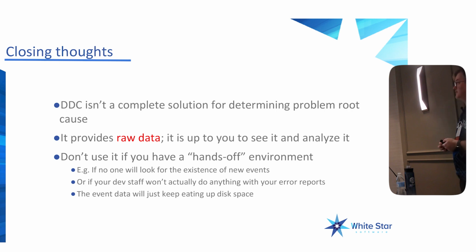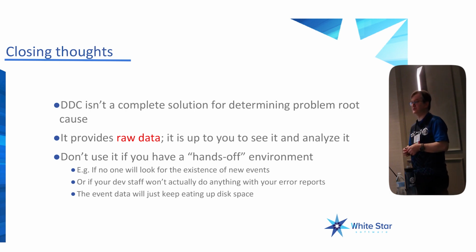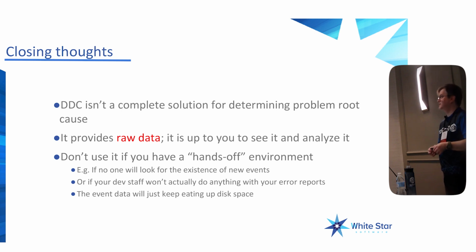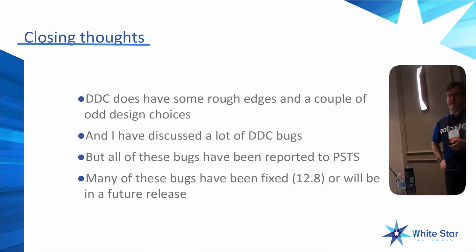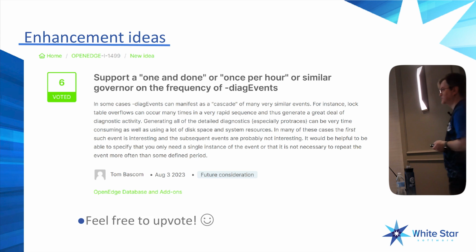So, a couple of rough edges, and I would say I don't love the logging level, how some aspects of it are tied to others, but that certainly doesn't put me off using this feature. We use it at client sites, and it's very valuable, particularly for things like lock table overflow and, to a lesser extent, the BI threshold events.